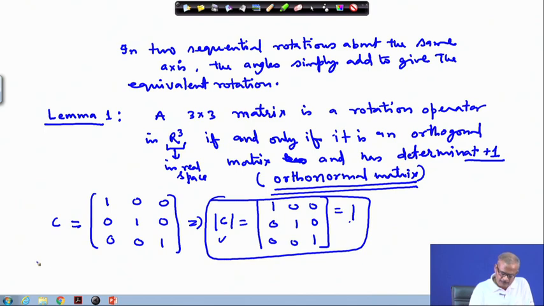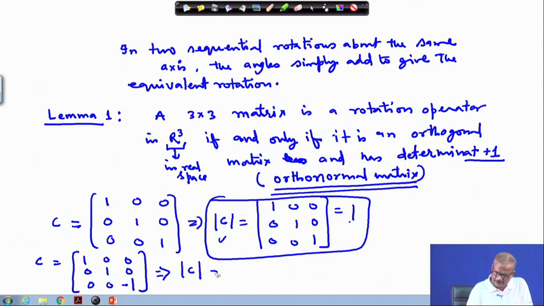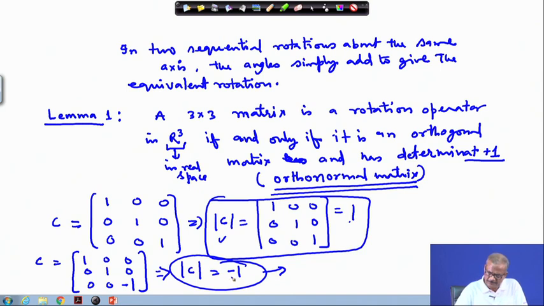On the other hand, if we take a matrix like this, 1 0 0, 0 1 0, 0 0 minus 1, we can see that the determinant of this will be minus 1. So, a determinant of minus 1 is not acceptable. This belongs to a left hand triad, so it does not belong to the system which we are working with. Okay. So, we have taken a right hand triad and this belongs to the right hand triad.